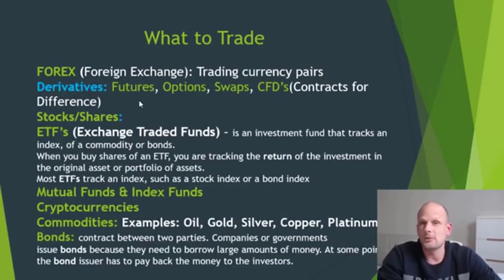For example, imagine you are trading Bitcoin, a CFD for Bitcoin or futures for Bitcoin. Then you are not actually trading the real asset. You are not buying that Bitcoin, you are trading only the change in price. If the price goes up, you will be making money if you are longing, and if the price goes down and you are shorting, you will be making money. So this is derivatives.